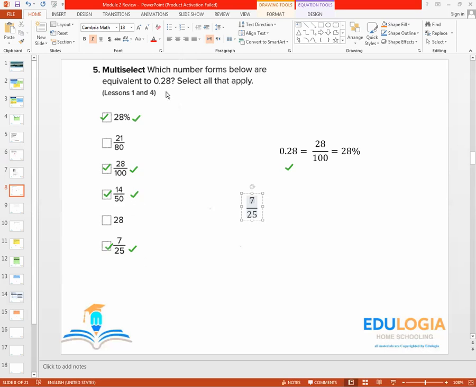Each one of them is equivalent to 0.28 as a decimal. It's important to prepare your work. Prepare the decimal, prepare the fraction, prepare the percent. Always be ready.